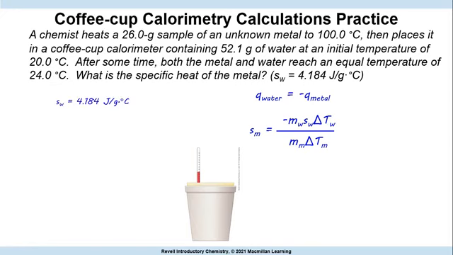So the specific heat of water, as we've been given here, is 4.184 joules per gram per degree Celsius. And the mass of water, as we've been given, is 52.1 grams.